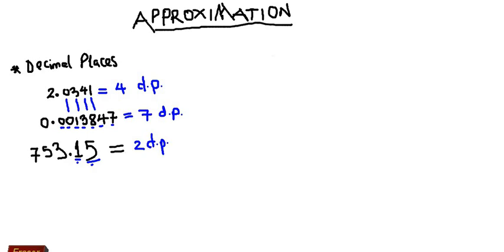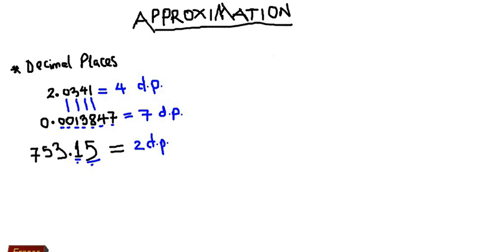So when we want to round off, we'll say, okay, round off this particular number to maybe 2 decimal places. So you know what we are counting. It means we are counting the numbers that will follow the decimal point, starting from the immediate number after the decimal point, that is the first decimal place. So this is the first decimal place, this is the second decimal place.